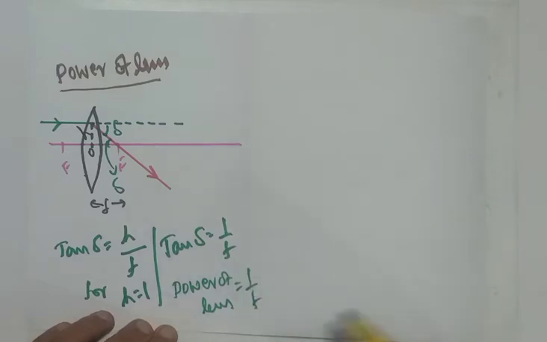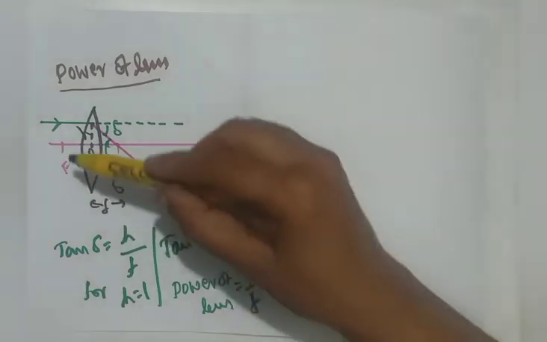1 by f. So what is the definition now? Power of lens is the tangent of the angle by which it converges or diverges a beam of light when it falls at a unit distance from the optic center.